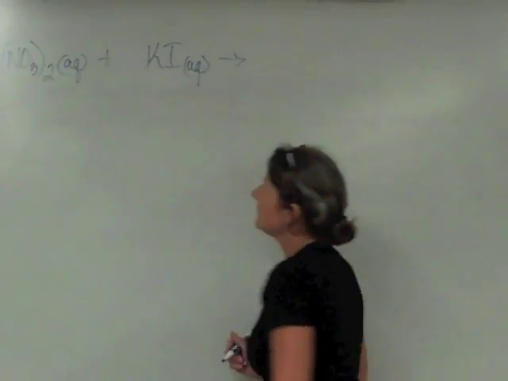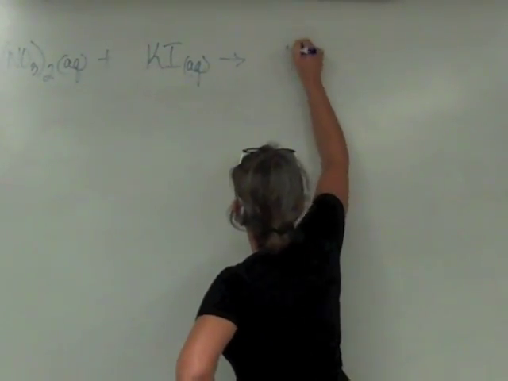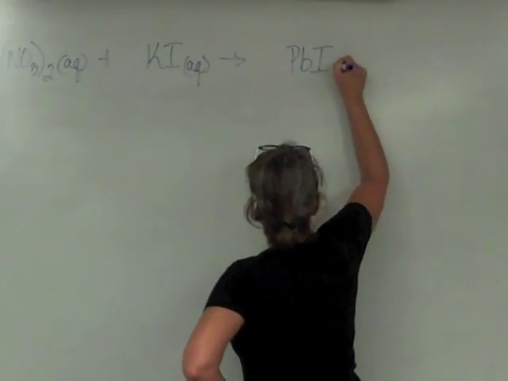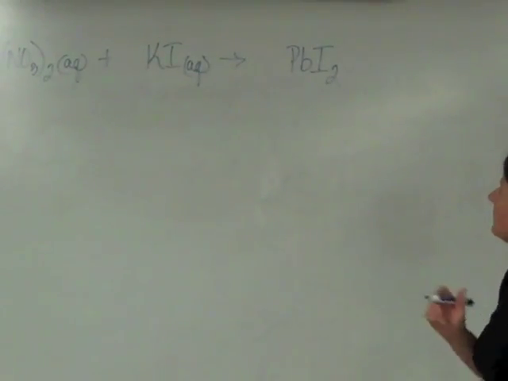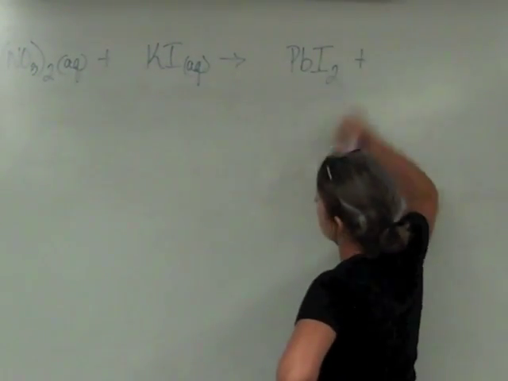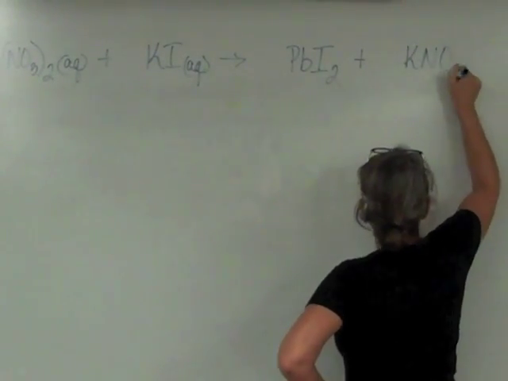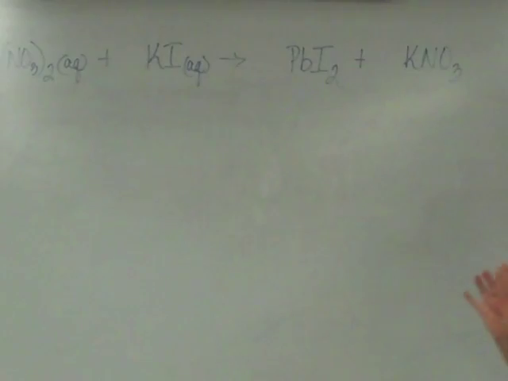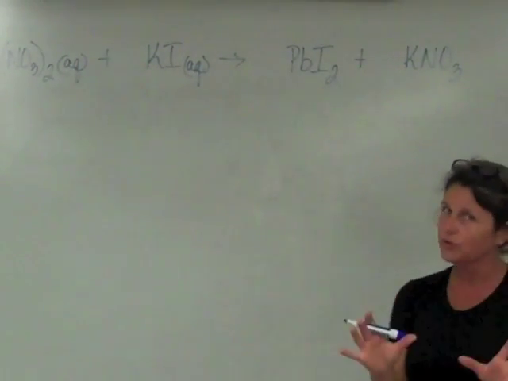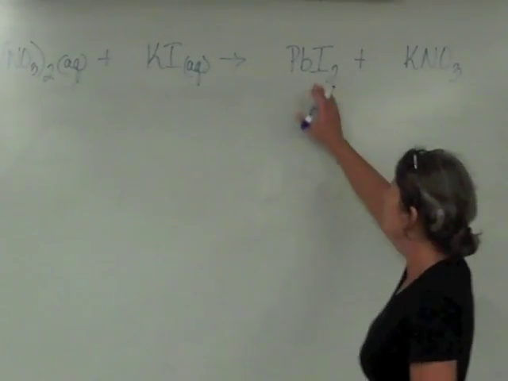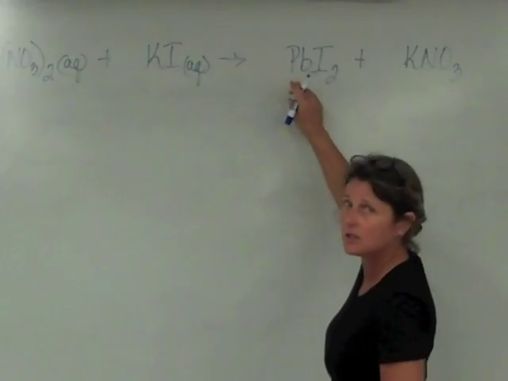So what that's going to give us as a product is lead(II) iodide plus potassium nitrate. Now, using the solubility rules, which we're going to do tomorrow in class, what I know from my solubility rules is that this is the solid.